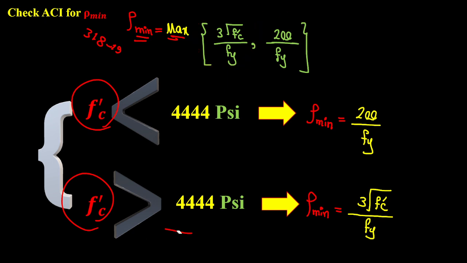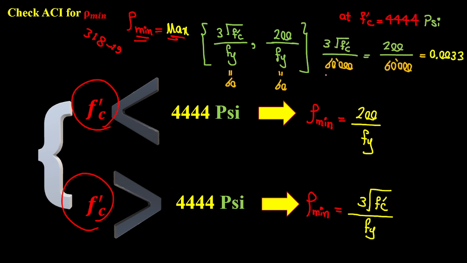The reason is that if, for example, you take grade 60 steel and replace f'c by 4,444 psi in the numerator, you can easily get a value of 0.033 for both cases.